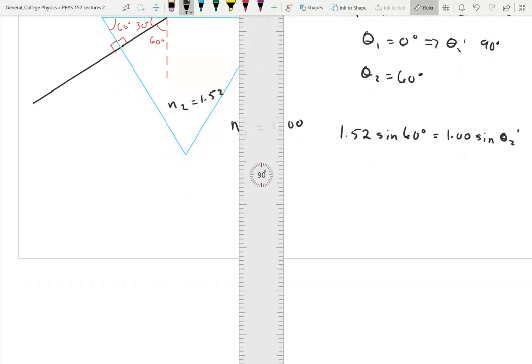Well, just a little quick math, sine of 60 degrees is root 3 over 2, or 0.866. 1.52 times 0.866, well, I don't know what that is, but it's definitely bigger than 1. If that's bigger than 1, then theta 2 prime doesn't exist, because sine of theta cannot go bigger than 1. It's got to be between -1 and +1. So that has a definite meaning. That means total internal reflection.